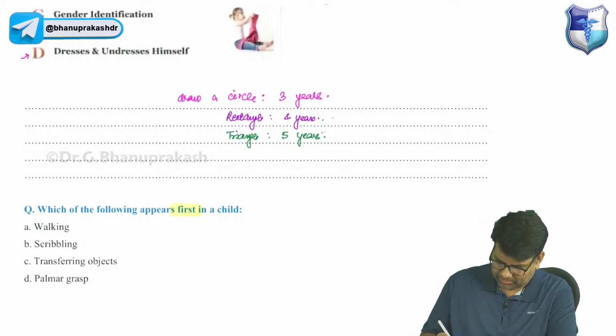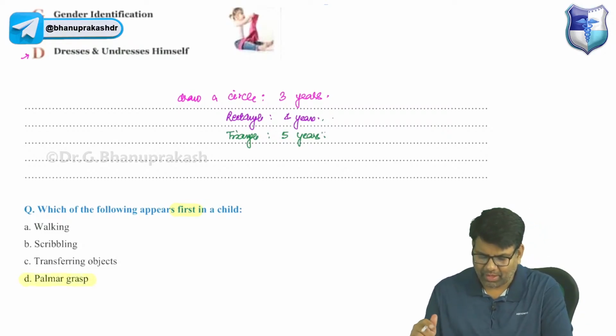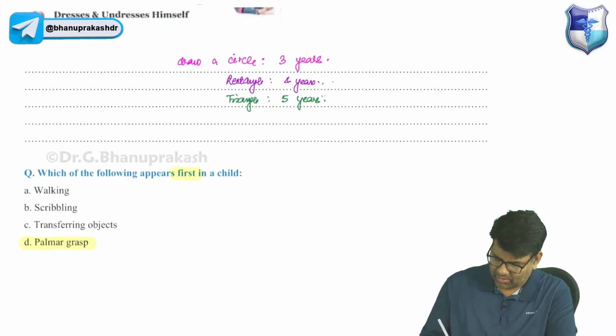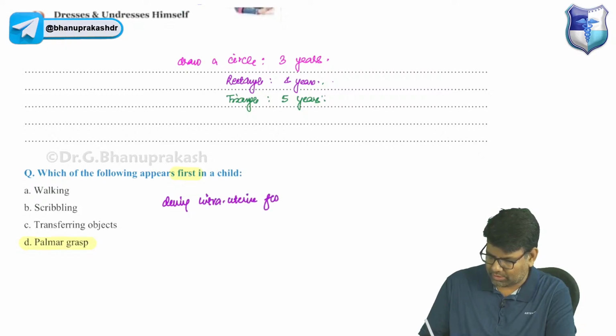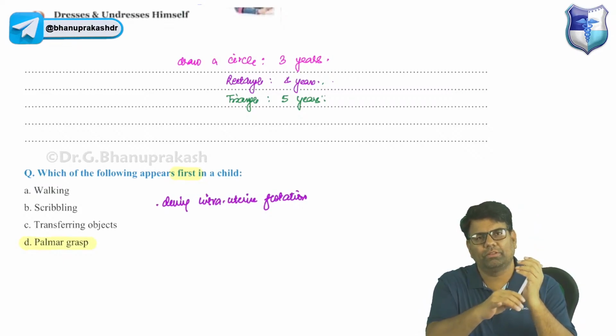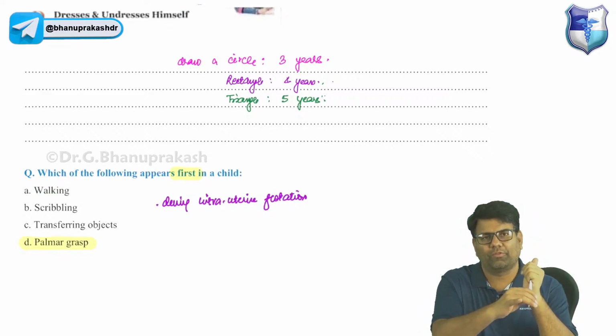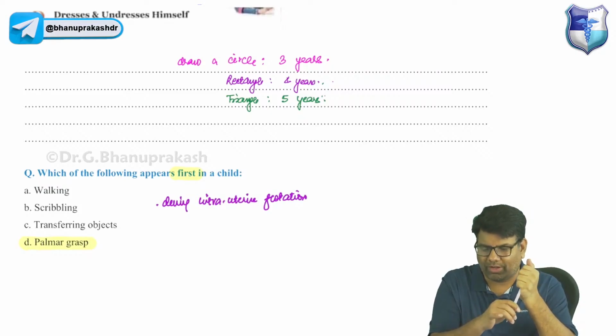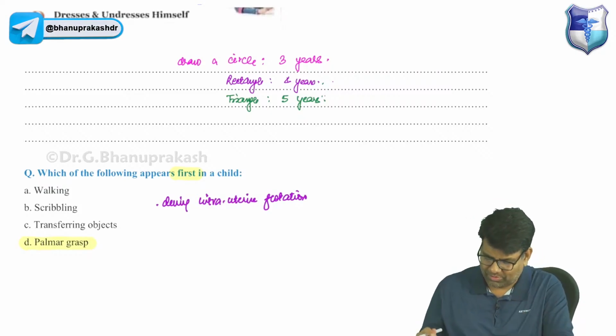The earliest one is palmar grasp, and palmar grasp actually develops during intrauterine gestation. And what actually is palmar grasp? If you touch the palm with some object or finger, there is flexion of fingers, and the baby will hold that thing, whatever it is, object or finger. So this is palmar grasp.